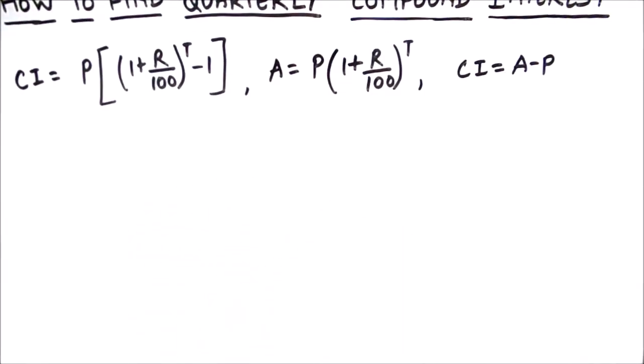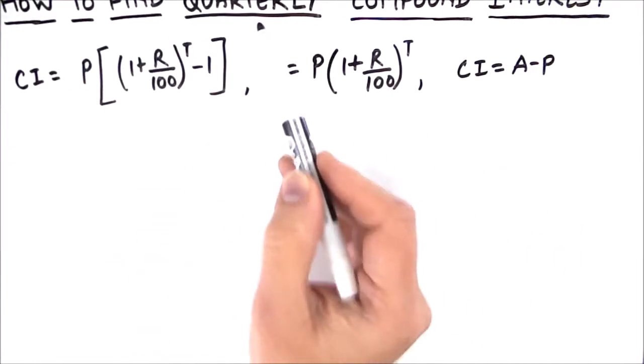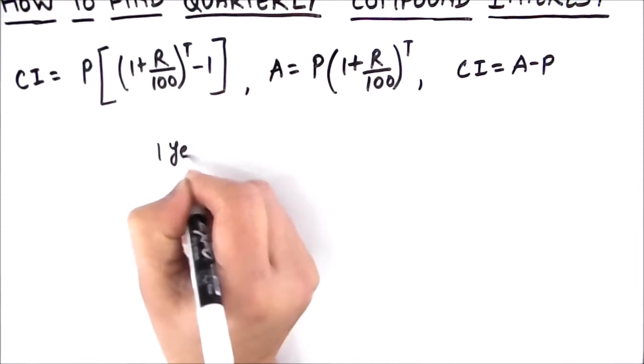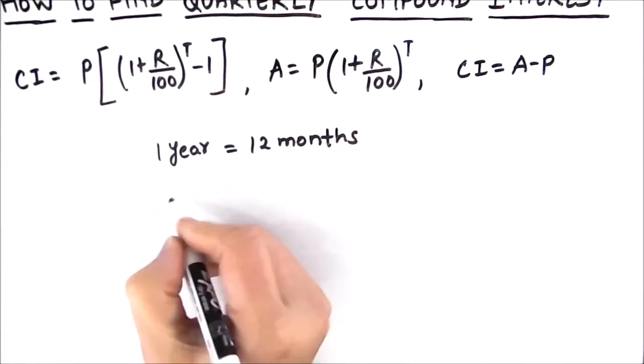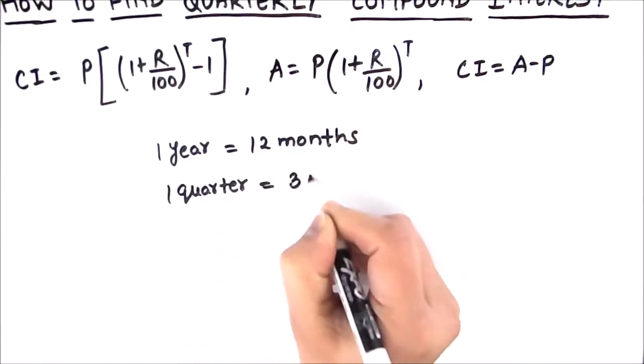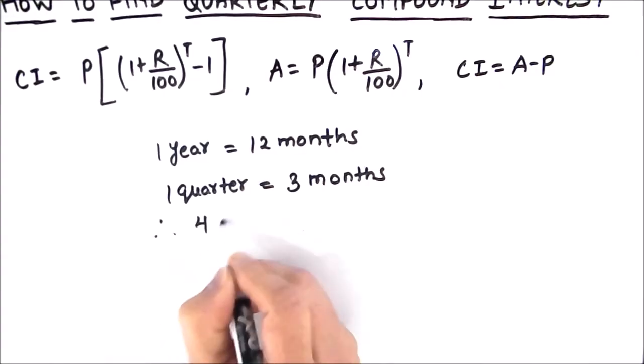So let us understand what are the changes we need to make in our formula for finding the compound interest compounded quarterly. As 1 year has 12 months and 1 quarter is equal to 3 months, therefore there are 4 quarters in a year.